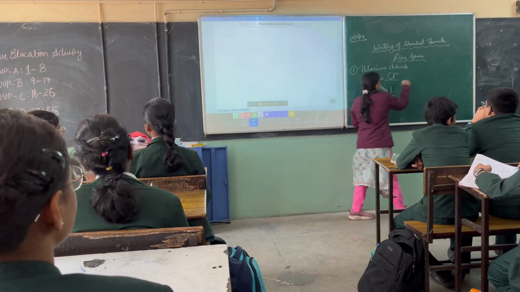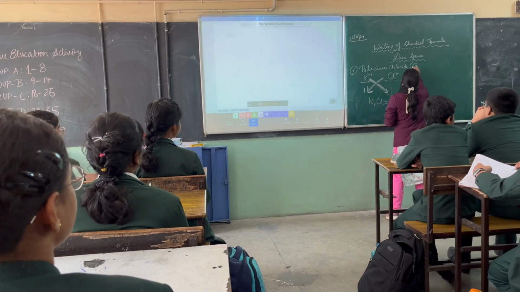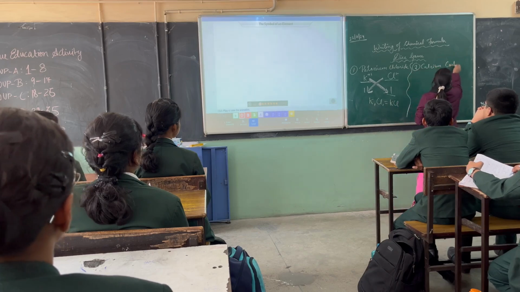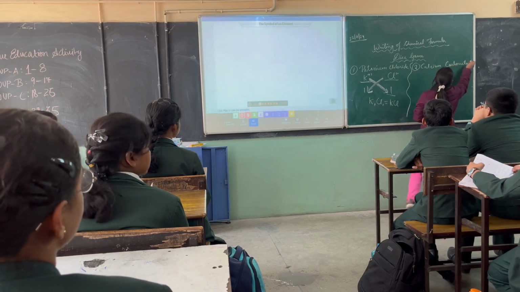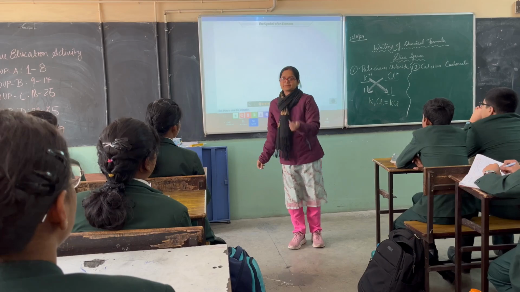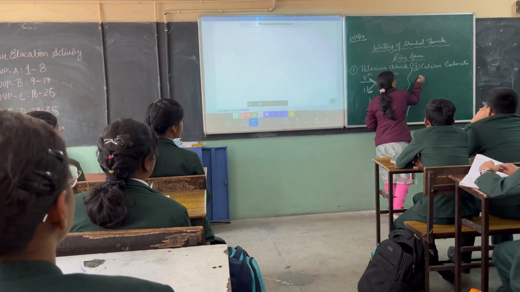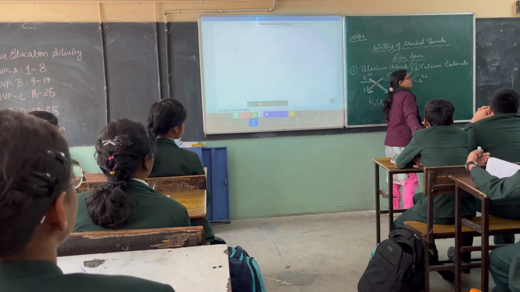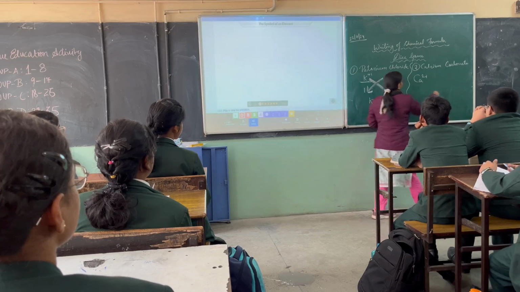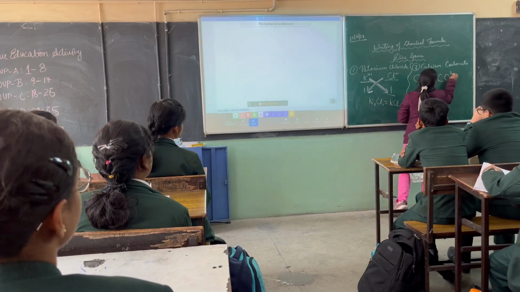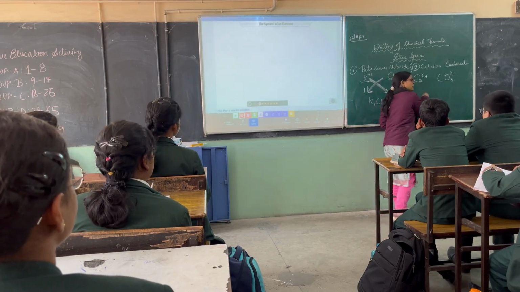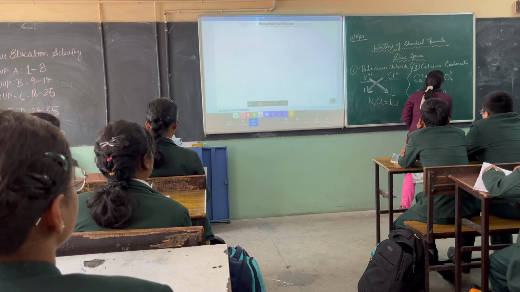Now, see the next example. Calcium carbonate. Tell me the symbol of calcium ion. Ca charge 2+. Carbonate ion. Yes, we will write their valences, charges just below the symbol. 2, here again 2.